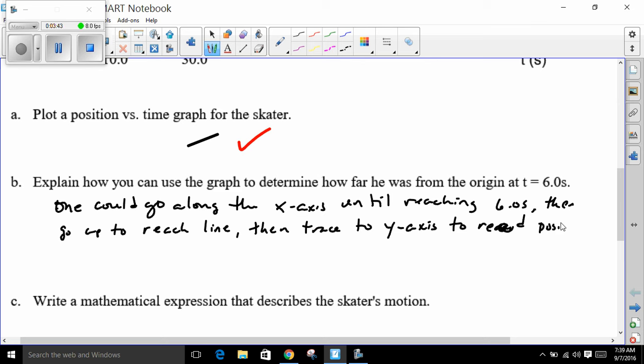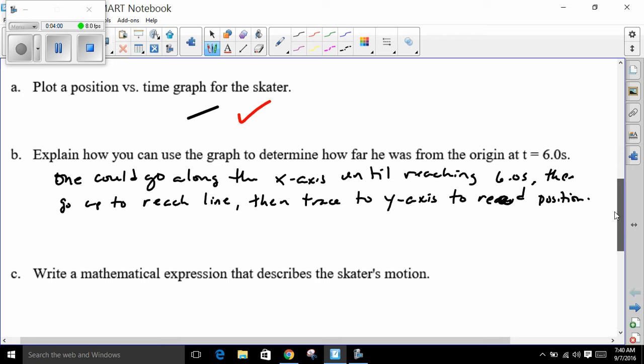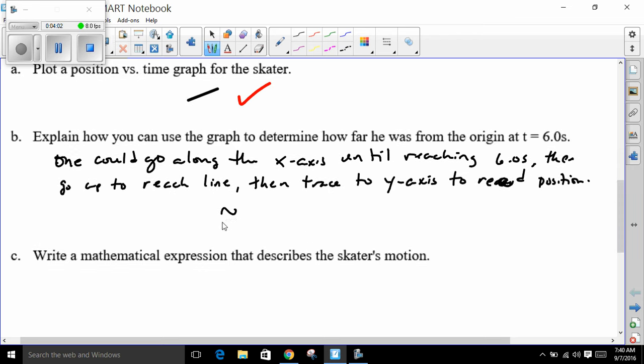So in other words, you're just interpreting the graph, you're reading the graph. If we go up to 6 seconds, we go up the line, then we come over, maybe 22. So we can say we're approximately equal to 22 meters at 6 seconds. But that is an estimate.